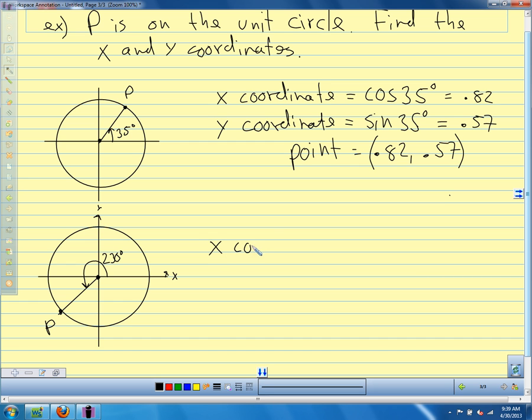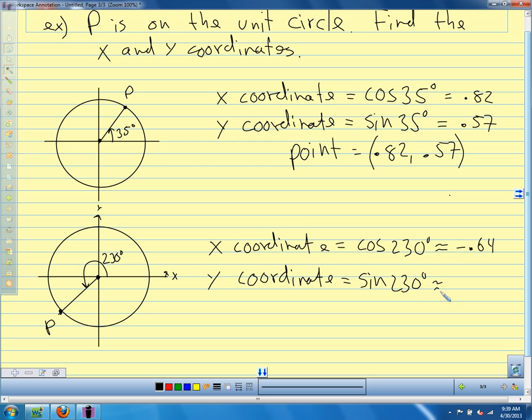So x coordinate, cosine of 230 degrees. Plug that into my calculator, and I get negative 0.64. That sounds about right. The y coordinate is the sine of 230 degrees. And when I plug that in my calculator, I get negative 0.766.